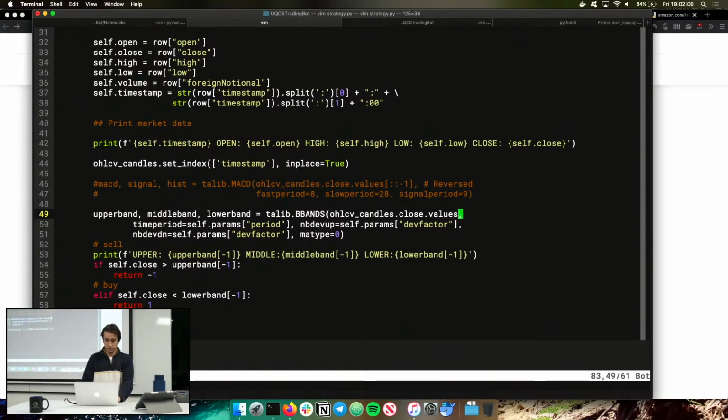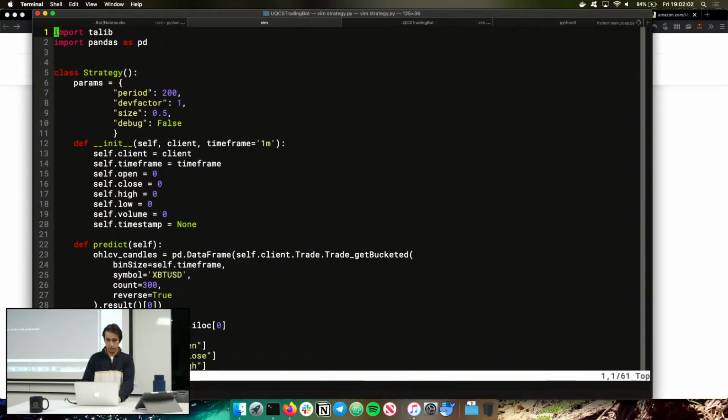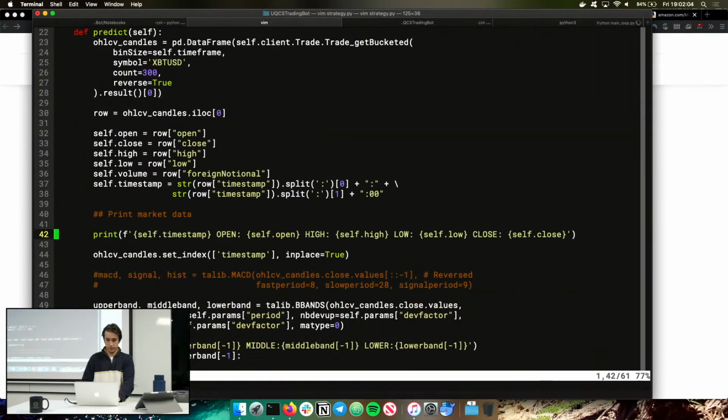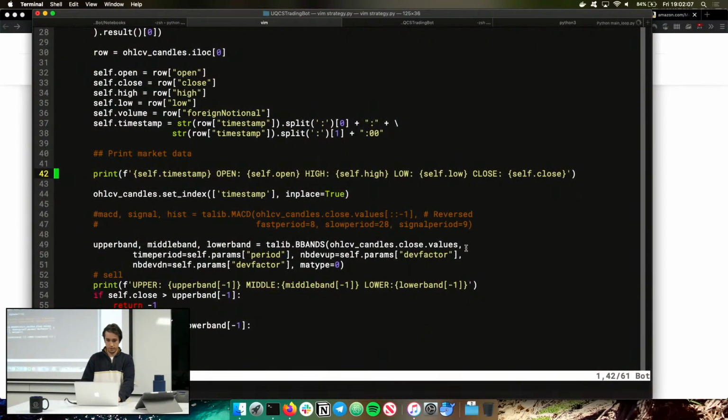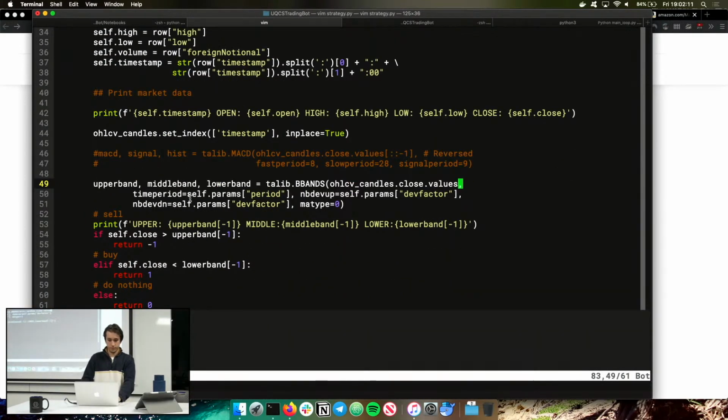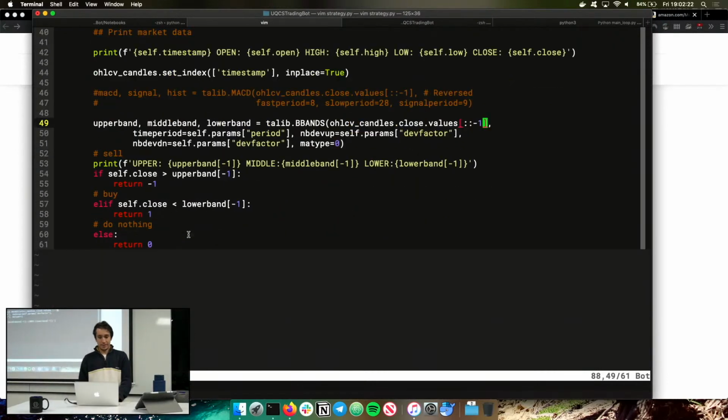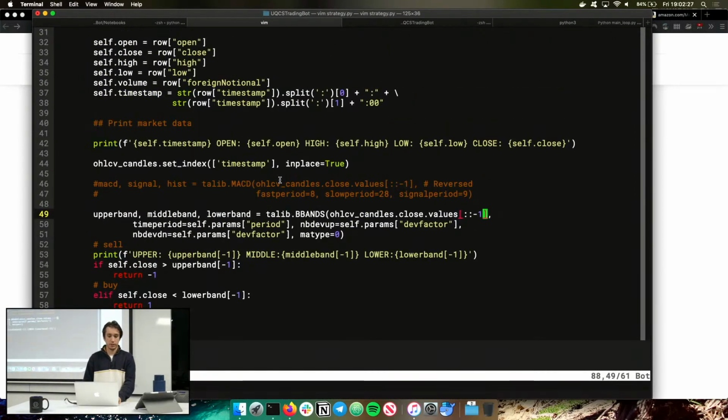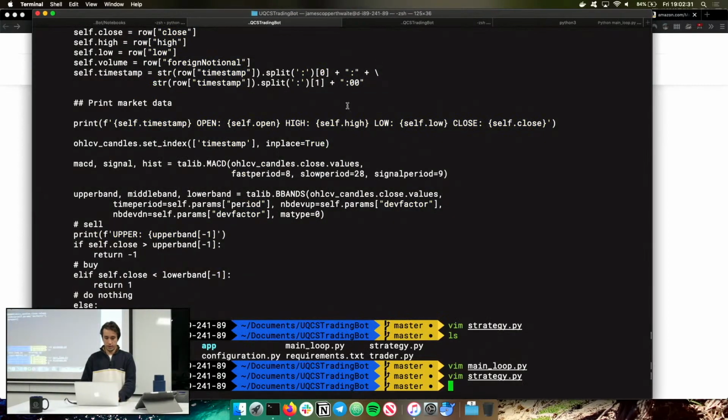This should actually be reversed. So what's executing isn't ideal, but you know what? This is just a demonstration. And then we print our signals, so we can visually inspect when and why we decided to trade. So we'll quit that.